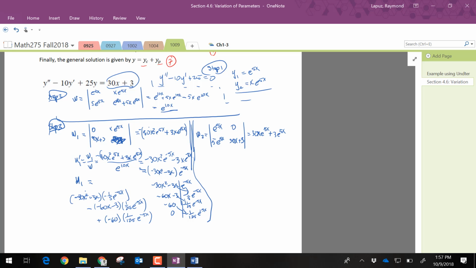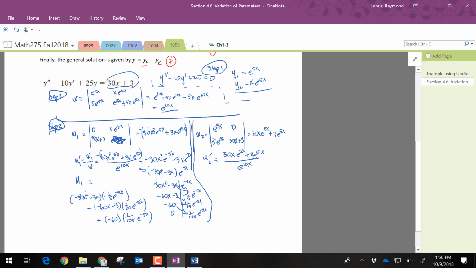And then do it all again for this u2. So u2 prime is going to be w2 divided by w, 30x e to the 5x plus 3 e to the 5x divided by e to the 10x.